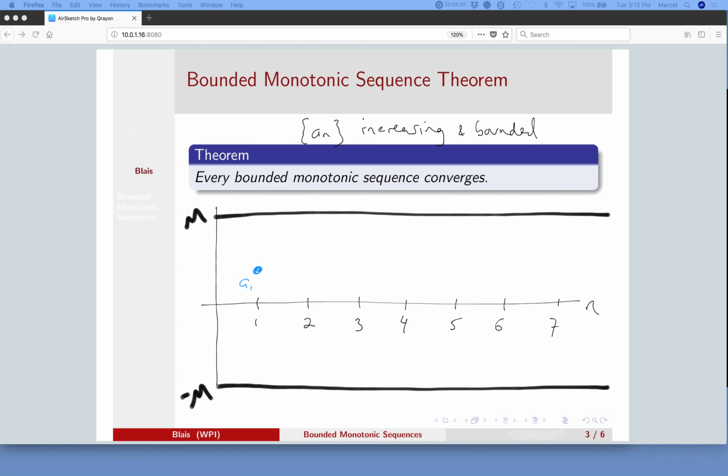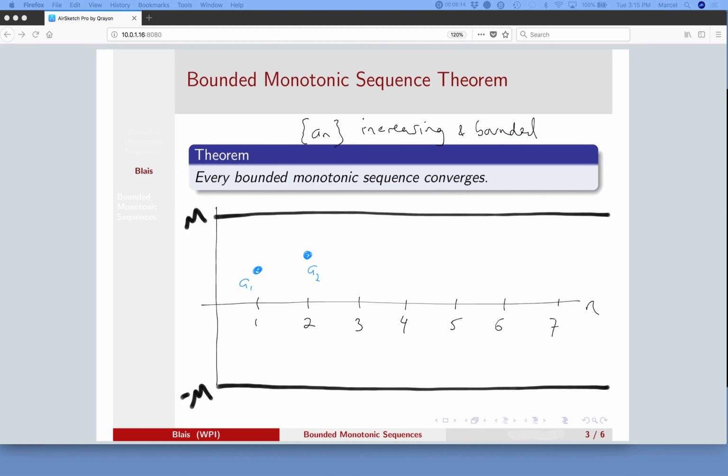Well, a2 is either the same as a1 or bigger because it's increasing. So if it's bigger, let's say we're up here. Intuitively, because this is an increasing sequence and we have to stay below this line y equals M, sooner or later the sequence has to choose some type of vertical asymptote in here.